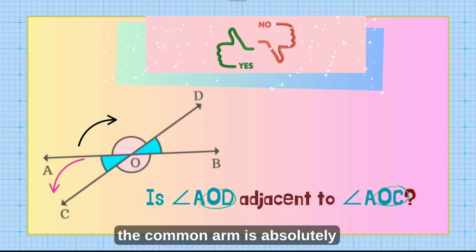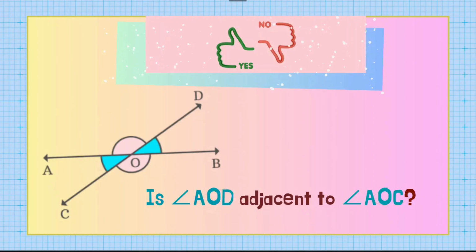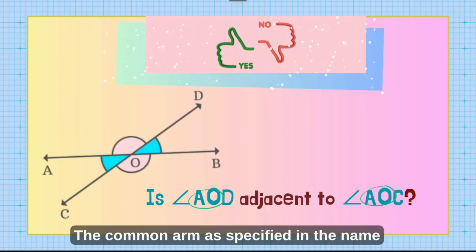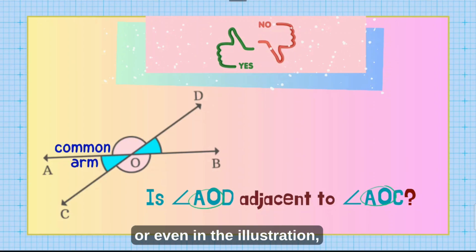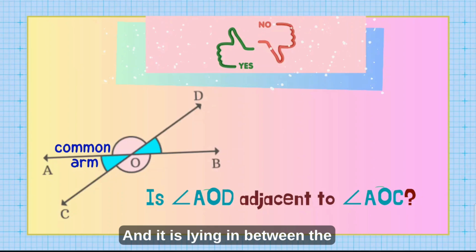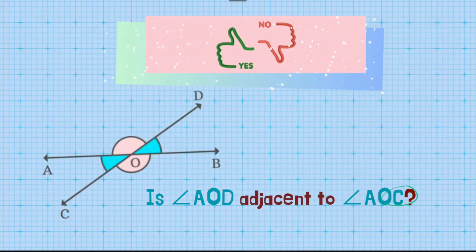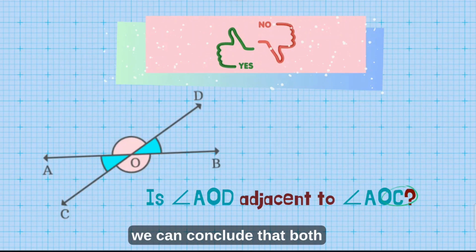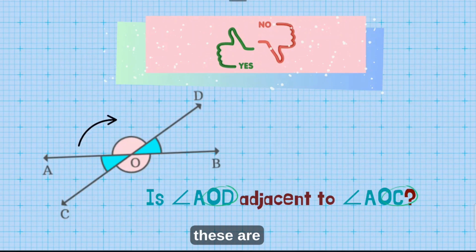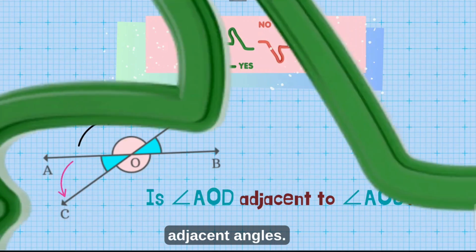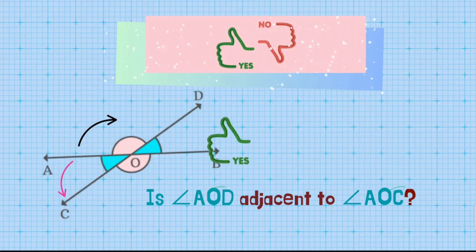So the common arm is absolutely right. The common arm, as specified in the name or even in the illustration, is OA, and it is lying in between the non-common arms. So yes, we can conclude that both these are adjacent angles.